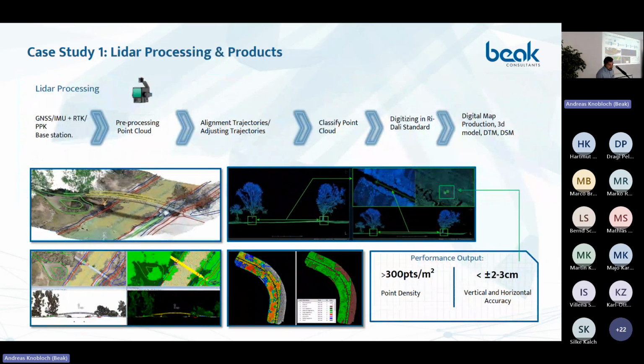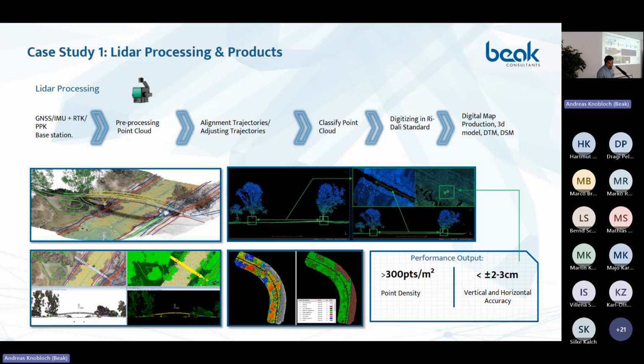The LiDAR processing is a normal, simple LiDAR processing procedure. What we did here was trajectory alignment and point cloud classification, which is the most important part. Before we start, we clean out the noise and everything caused by this high vegetation area, where there is, let's say, minimal bare earth to be seen from above.